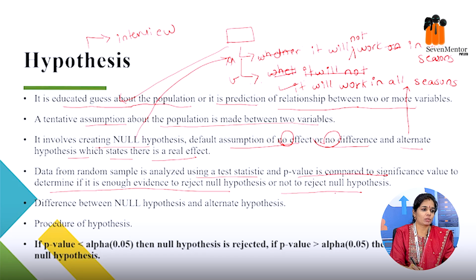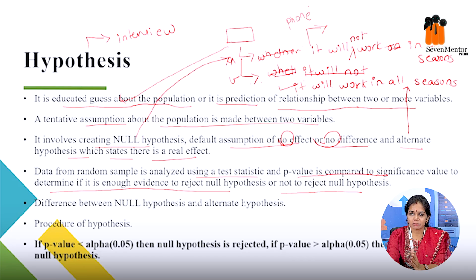Okay, so the statement I made is that it will not work in all seasons. So I'll start finding evidence against it. I will check whether it doesn't work in the festivals, in off seasons, or whether it is working daily. These are the evidence I'll be getting. Let's say a mobile phone.